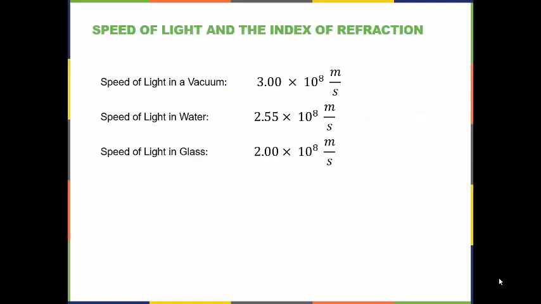One of the properties of light is that in a vacuum it moves at 3 times 10 to the 8 meters per second. But when it runs through other mediums such as water and glass, it slows down. So the speed of light in water is 2.55 times 10 to the 8 meters per second. And in glass, it moves even slower at 2 times 10 to the 8 meters per second.